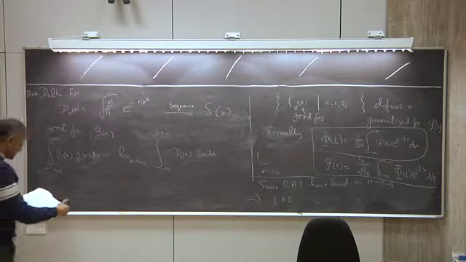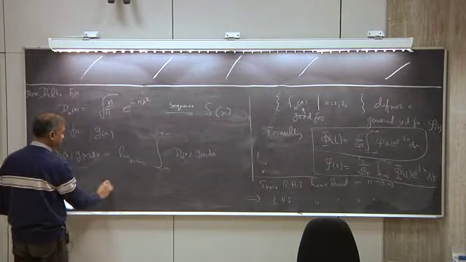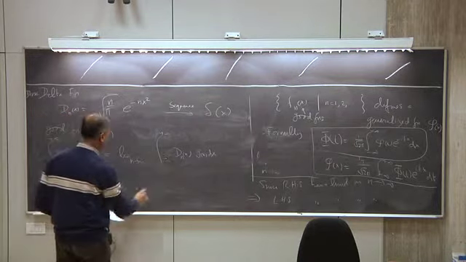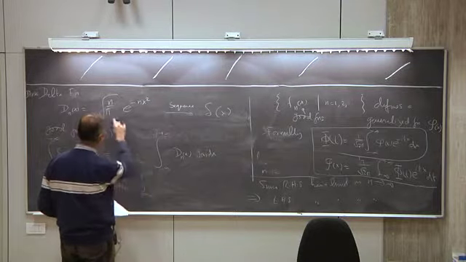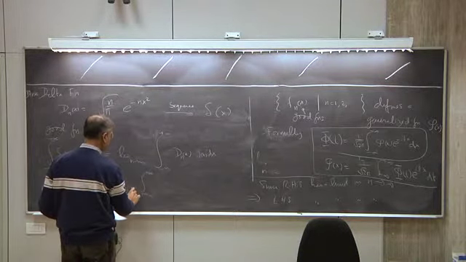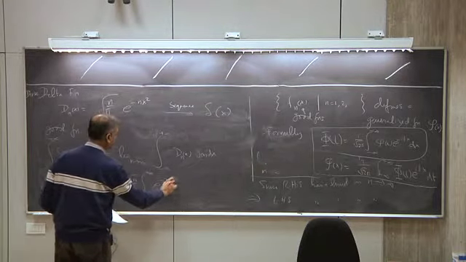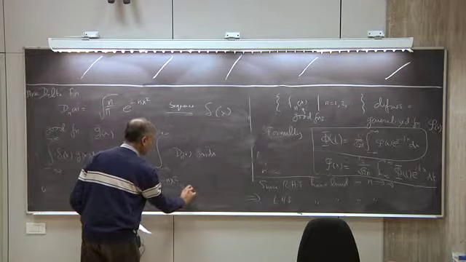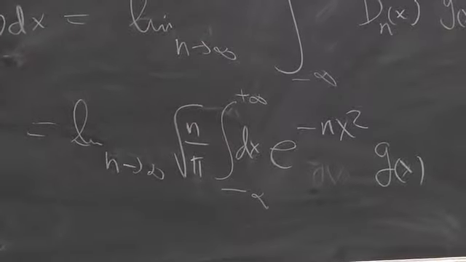So what is this now? Let's explicitly substitute that. This is the same as the limit as n goes to infinity of the integral from minus infinity to plus infinity of root n by pi e to the minus n x squared g of x dx. We expect this to be equal to g of 0.